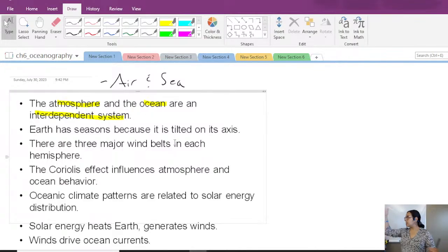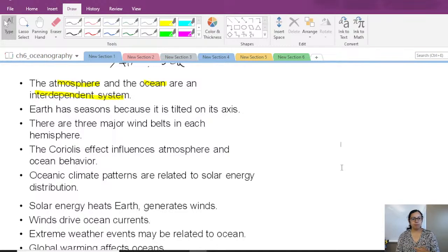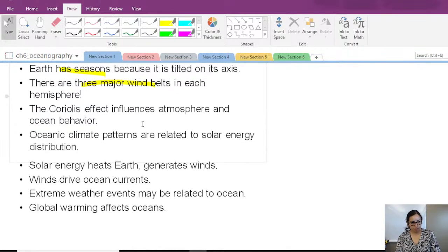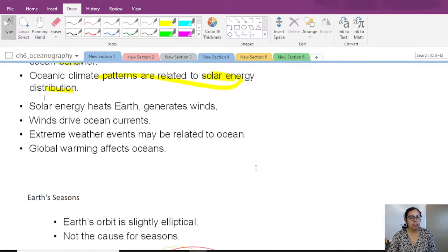We've already seen some of that. We know that the water evaporates and goes into the air, but then how do those air currents move that water around? And so we'll look at that. And we'll talk about, of course, why we have seasons, look at the three major wind belts. So we've already had some fun with the Coriolis effect. And so we'll look at this, again, related to energy. And look at more stuff.